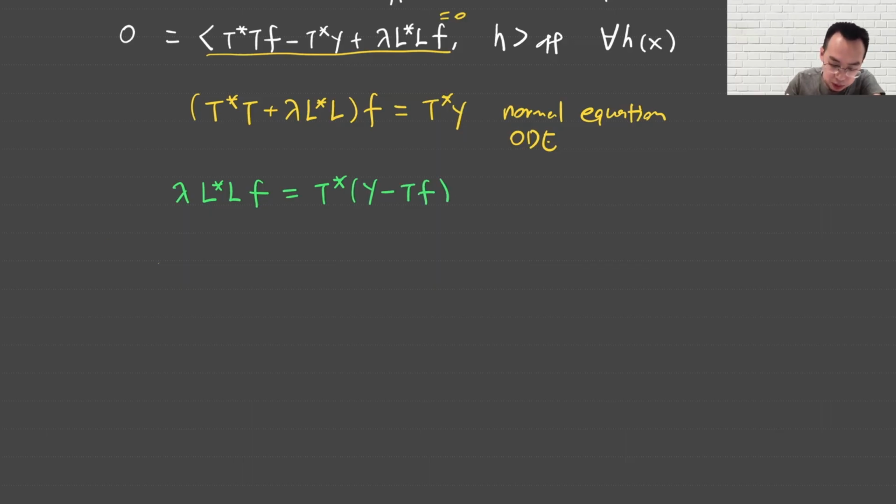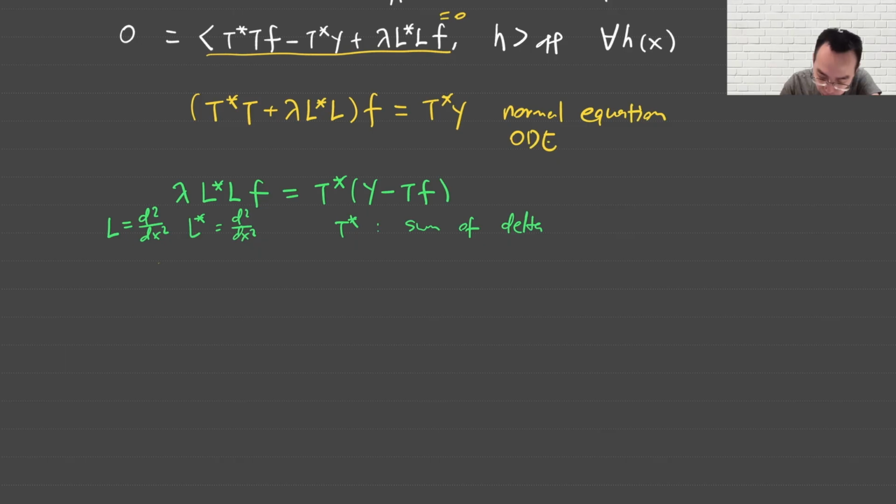Okay, now let's plug stuff in. This L operator is the second derivative. L star is also the second derivative. Then we have the T star. Let me write it out this way. I'm just going to write the word sum of delta. It behaves like a sum of delta. We shouldn't take that too literally because these are operators.